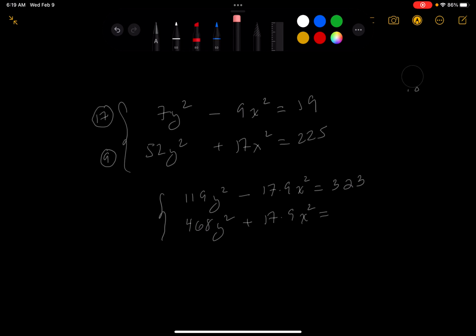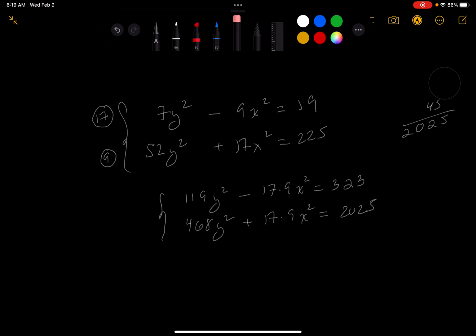They're big numbers: 1,800, 180, and 45. That's 2025. What are you going to do now? Add them together.